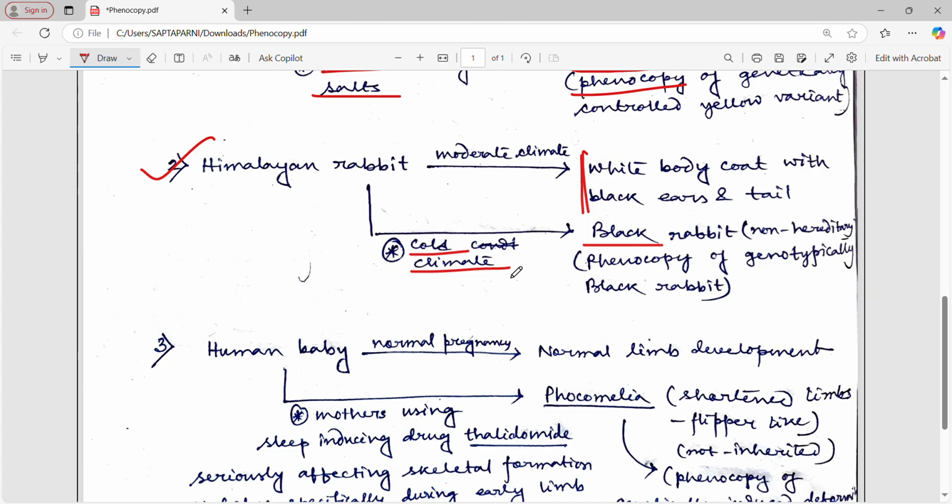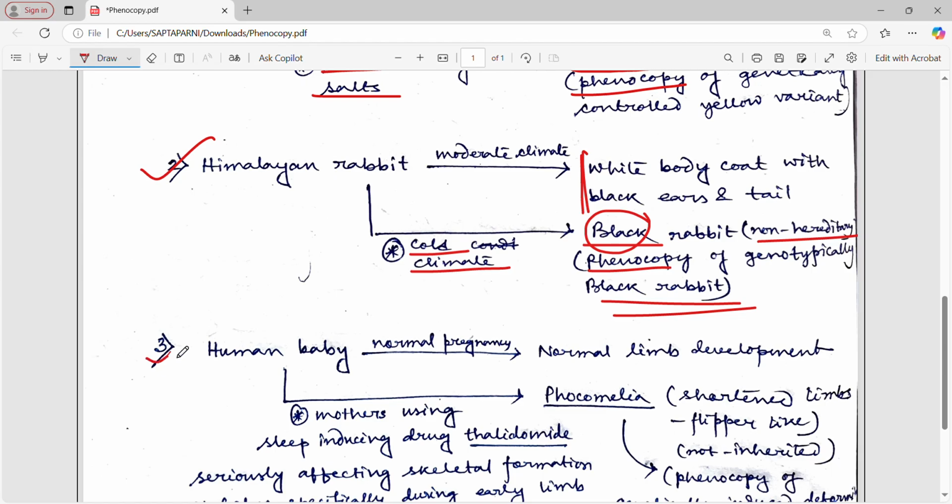So it is a phenocopy which is non-hereditary, a copy of the genetically black rabbit.